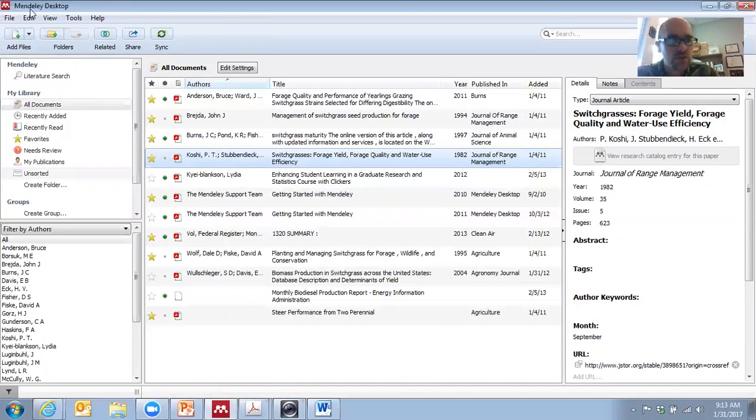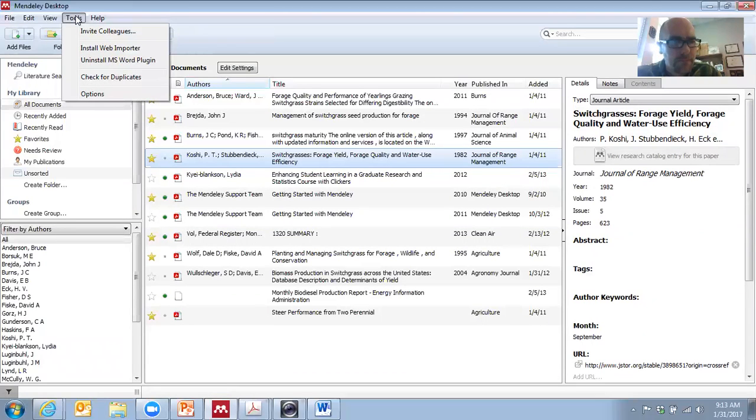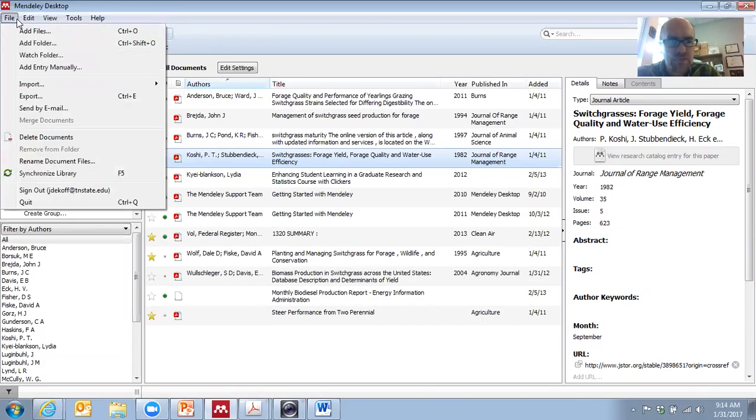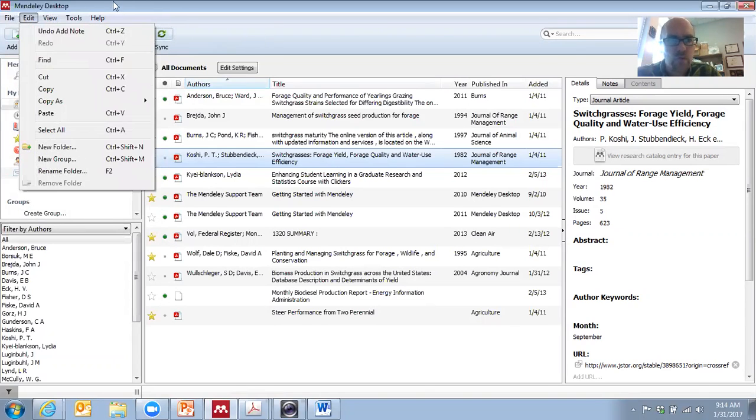That's one of the tools. I think you have to install a Word plugin, and then that'll allow it to import from Mendeley into that Word document, and it'll save it with the special style that you want to use.